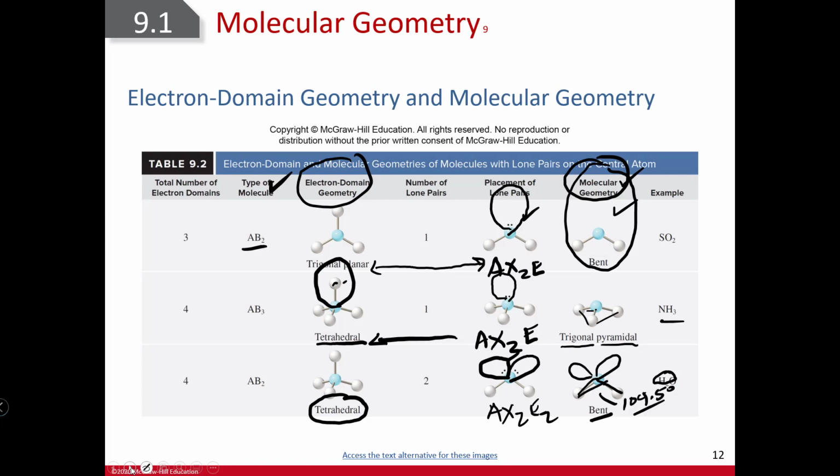The angle between hydrogen, oxygen, hydrogen in water would be 104.5. Why 104.5? Because the two lone pairs force the bonding pairs closer together. If it was a true tetrahedral geometry, it'd be 109.5. We lose 5 degrees because the lone pairs are so repulsive, they push the bonding pairs closer together. And that's what you should get out of that.